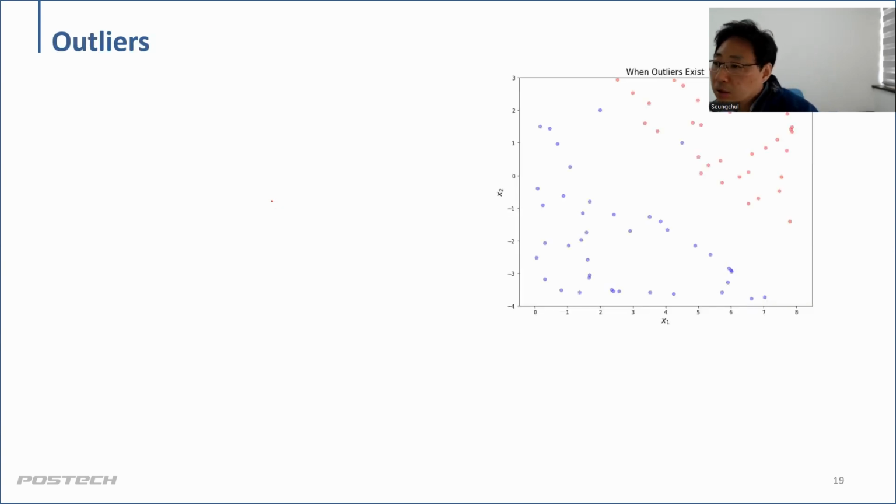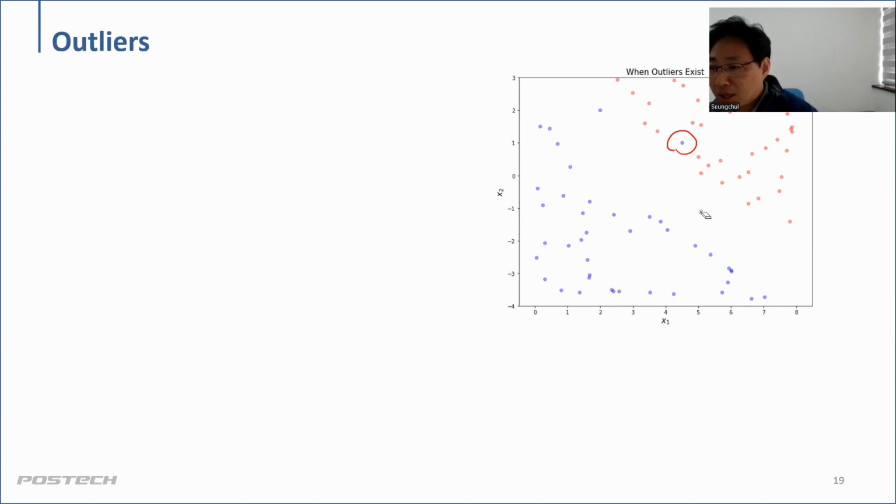So let's think about we have a single data point which is in a different color, in the other class. It's too obvious that you guys know right away that no solution exists for a linear classifier.